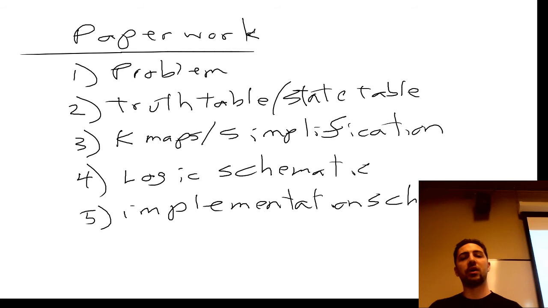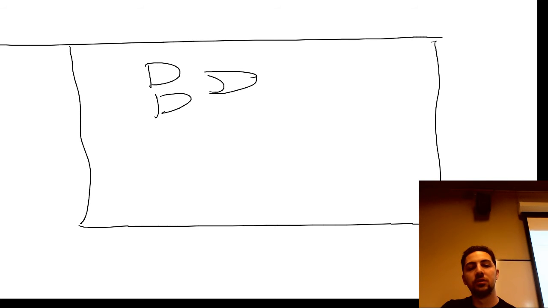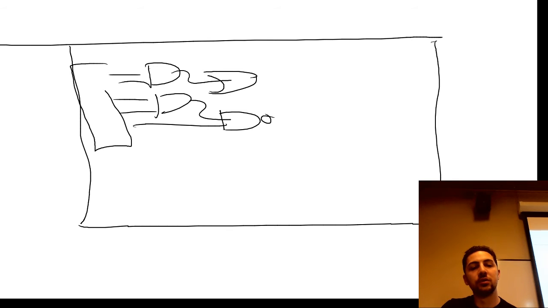So that's the paperwork. In multi-sim, really all I need is a page that shows me here's all my gates doing whatever my gates do, hooked up to a word generator generating that binary upcount sequence.